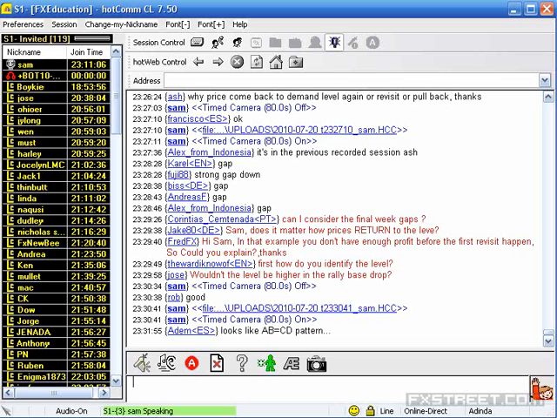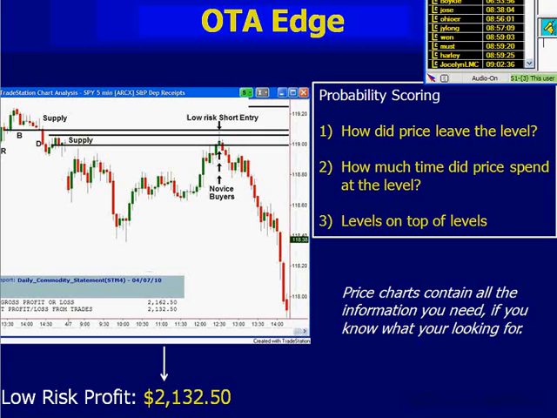Let's say you're watching the euro, and price is at a price level of 128, and you see at 128.40 there's a huge stack of sell orders, a large amount of supply, and you see that there's really no demand until about maybe 127.50.